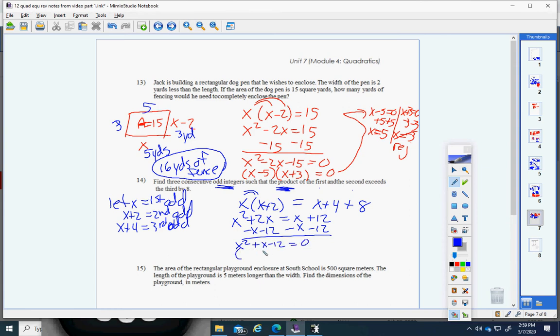And since it's quadratic, we'll factor. There isn't a GCF, so I'm doing a trinomial. Things that multiply to be a negative 12, whose outers and inners are a 1. This works out. Set each factor equal to 0. Solve each linear part.